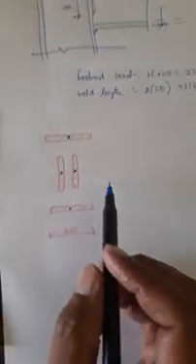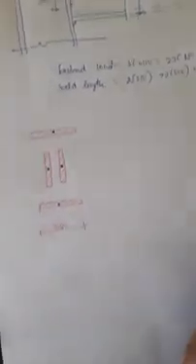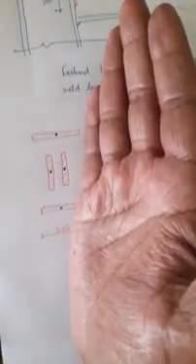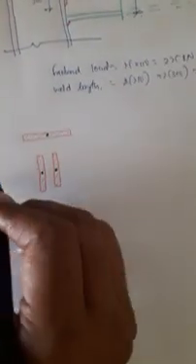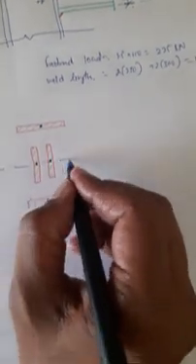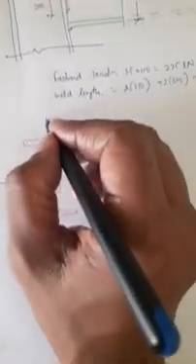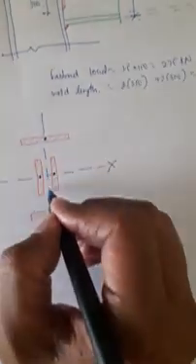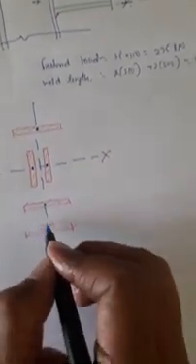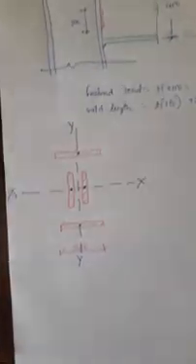Now if you look at this weld portion, it is symmetrical about the y-axis as well as the x-axis. So very easily I can draw this CG axis. Since this is a symmetrical type of weld, there is no need to find IXX or IYY.